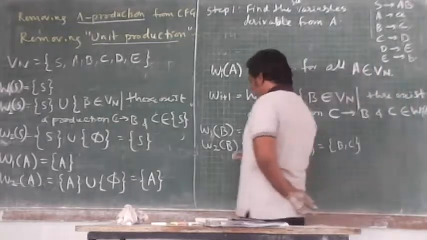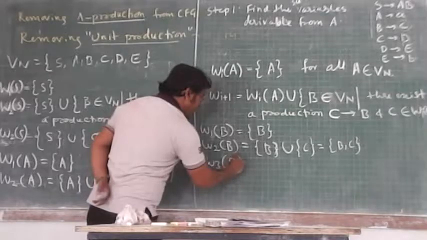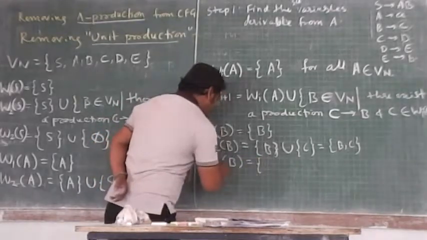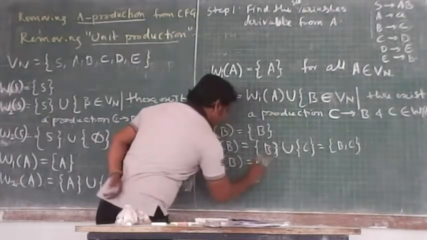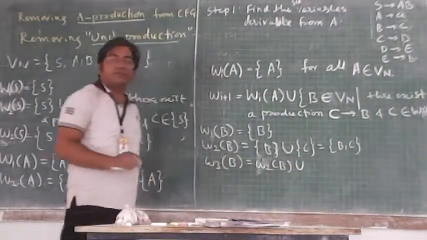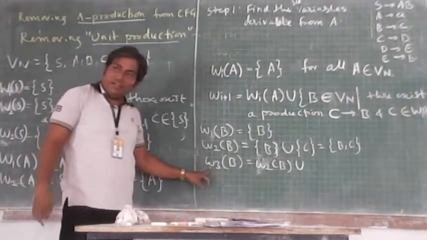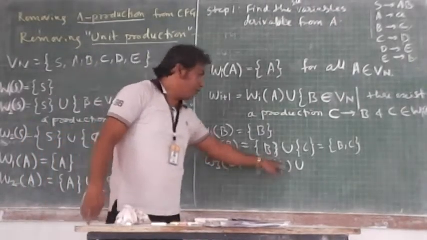So if you calculate W3B, it is equal to what? I am calculating W3B, and that is equal to W2B union.